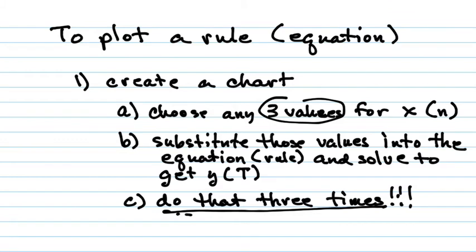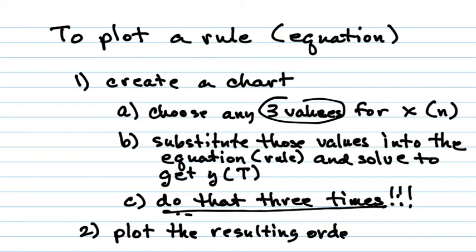Then you're simply going to plot the resulting ordered pairs. You'll have x values and y values. If you have an x and a y, that means you have an ordered pair, which is a point on the Cartesian plane. So create a chart and then plot the resulting ordered pairs.